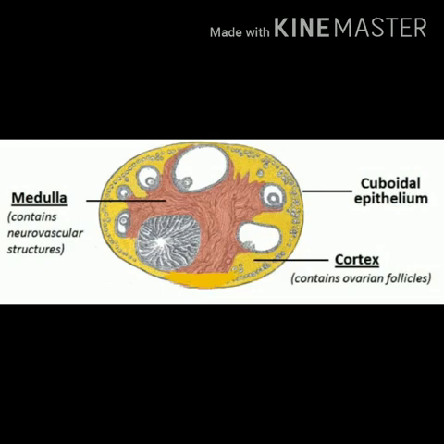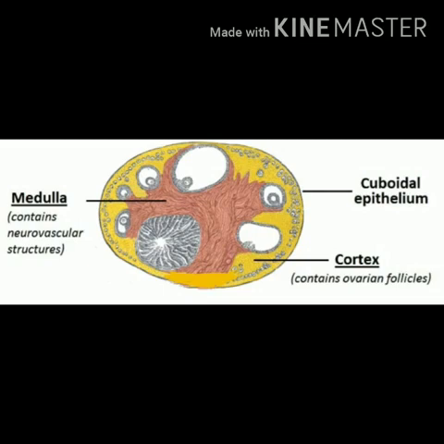In the structure of ovary, we know that ovary is a solid, oval or almond-shaped organ. It is located in the upper lateral part of the pelvis near the kidneys. You can see in the figure given in the video that ovary can be divided into two main parts.